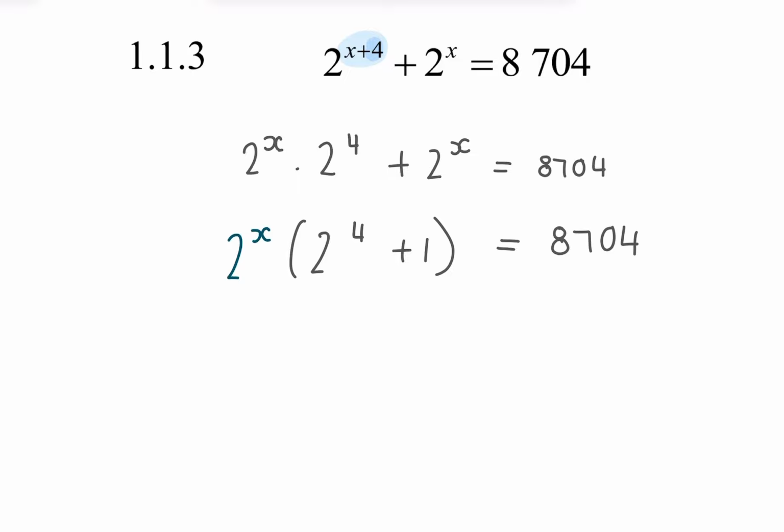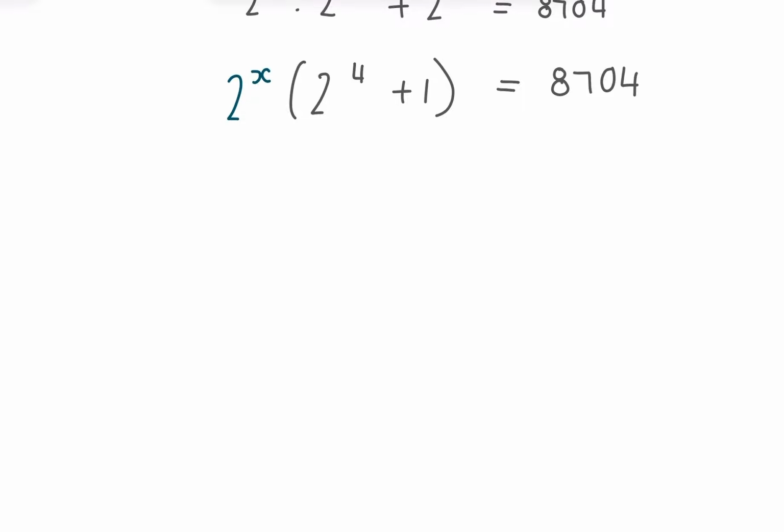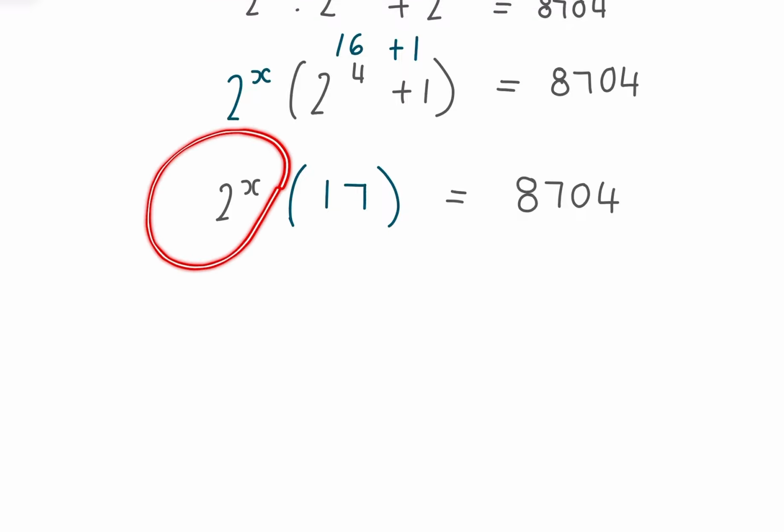Now from there, simplify your bracket. So you would have that it's 2^x, and the bracket will simplify to 16 plus 1, which we know is 17, is equal to 8,704. Once you've gotten to this point, you're going to try and get your 2 to the power of x alone.